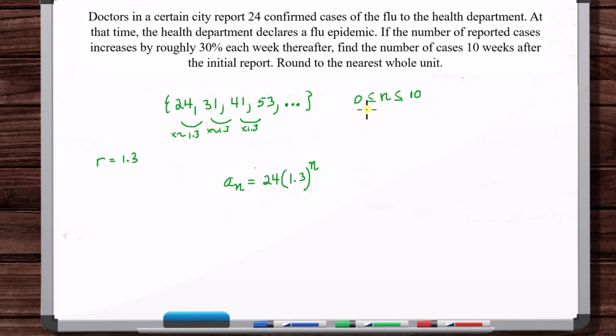You see? So at 0, we start with 24, and then after the first week, it's 24 times 1.3 to the 1 power. That's exactly it. So now just put in n is equal to 10. That's what we're looking for.